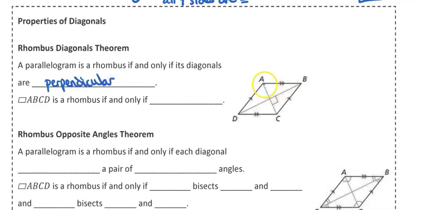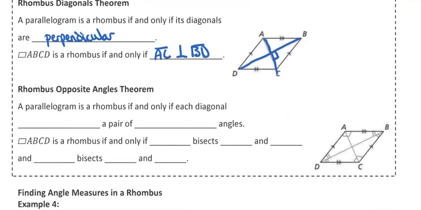What that means is the diagonals intersect at a right angle. So that means AC, that diagonal, needs to be perpendicular to BD.